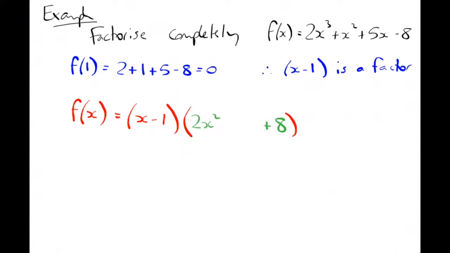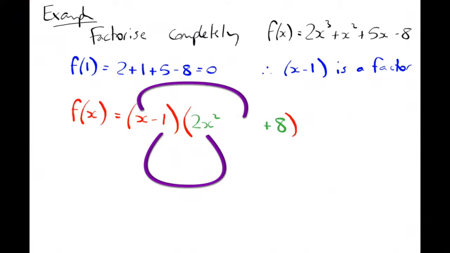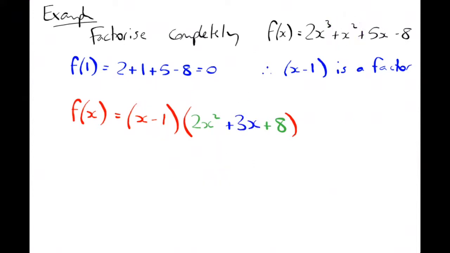So I'm going to look at the minus 1 times the 2x squared, which gives me minus 2x squared, and then what do I have to times that x by in order that the answer becomes plus x squared. So I've got minus 2, I want to make it up to plus 1. So what I'm going to have there is a plus 3x times by the x. So when it all multiplies out, I get to that plus x squared term.